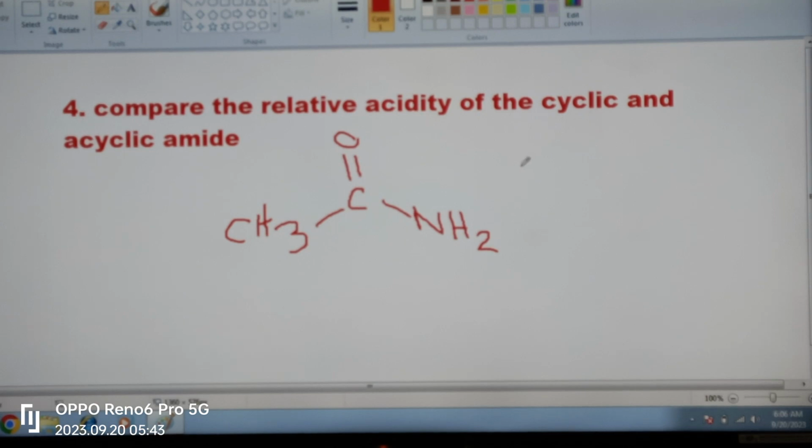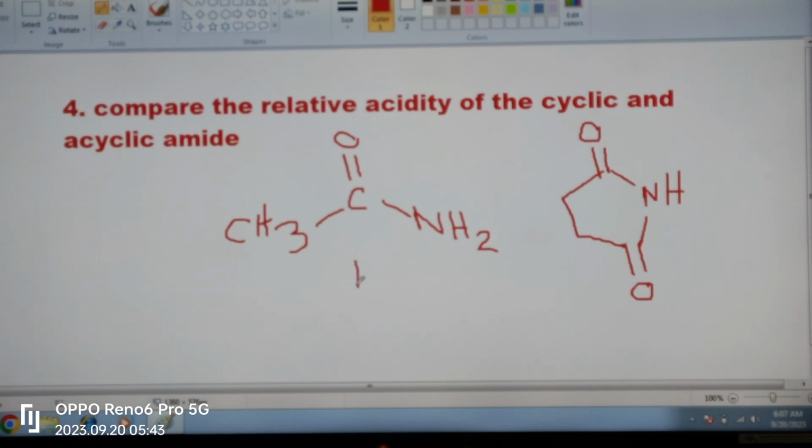This is the acyclic amide, and we are taking a cyclic amide, a very important compound. This is called succinamide, the amide of succinic acid. This is a cyclic amide, succinamide.